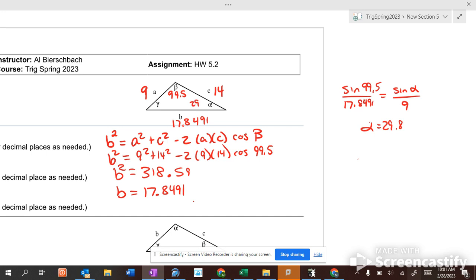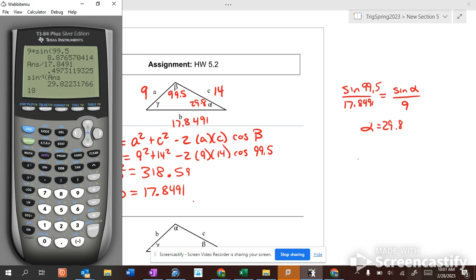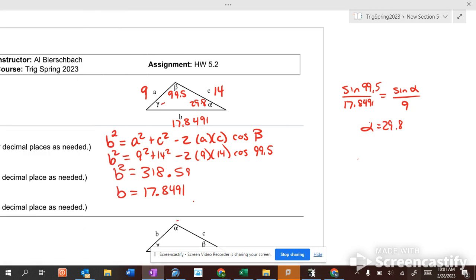And if alpha is 29.8, then I take 180 minus 29.8 minus 99.5 is 50.7. Now I found every side, every angle. Okay? That's law of cosines. And then once you do get the side, then it's law of sines to find the other angle. Okay? It's pretty easy.